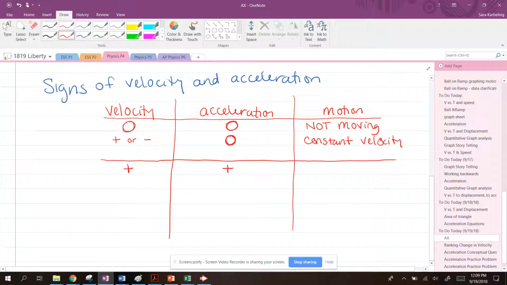Is it speeding up, slowing down, or staying constant? Speeding up, right? You're driving 30 miles an hour in your car and you put your foot on the gas, you're going to speed up, absolutely. We graphed that yesterday. We'll skip a line.